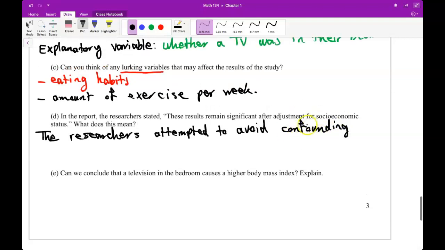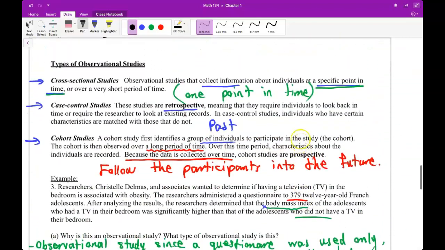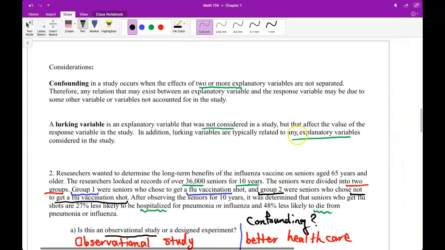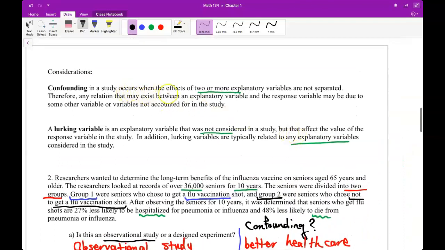So remember what the definition was for that part. Confounding in a study occurs when the effects of two or more explanatory variables are not separated. Therefore, any relation that may exist between an explanatory variable and the response variable may be due to some other variable or variables not accounted for in the study.